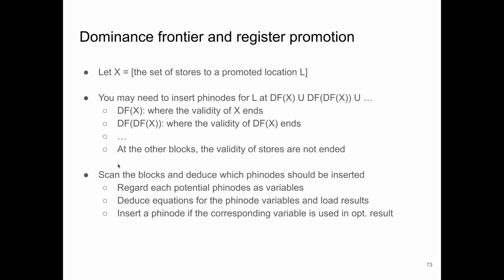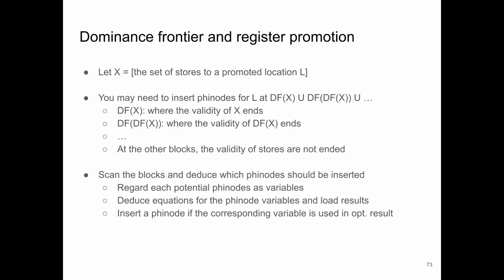And conversely, at the other blocks, if your block is not in this set, then the validity of stores has not ended here. So you don't need to insert any phis at all in these blocks. In other words, these DF union, DF union, and so on, are the only blocks on which you potentially need to insert phis.